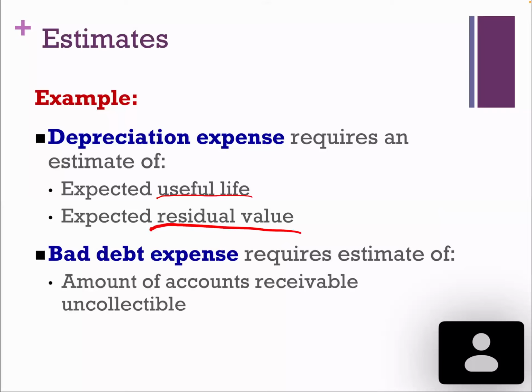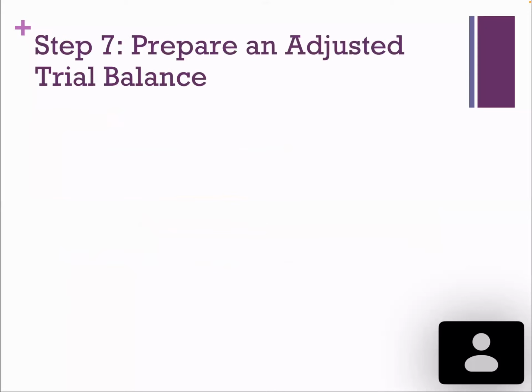If we sell things on account, so a person doesn't have to pay us right off the bat, we have to estimate how much we expect people not to pay us, essentially. We don't really have to do that one right away. We'll do that in a later chapter.